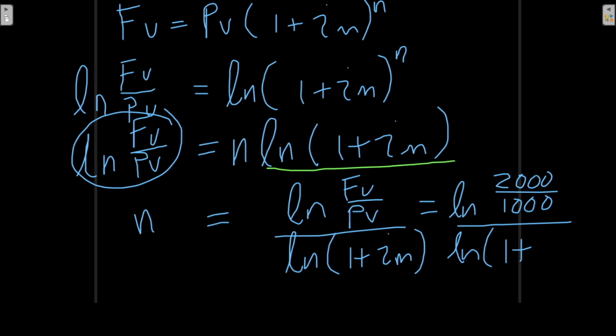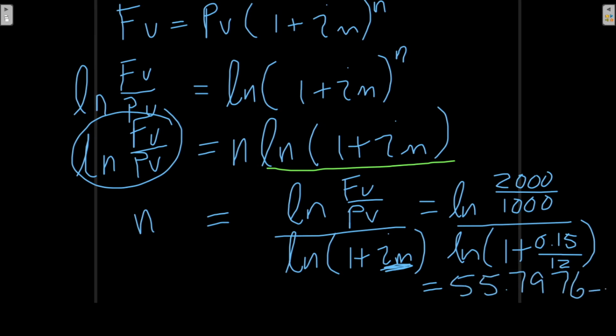So the effective monthly interest rate is 0.15 divided by 12. Be careful that you don't just put in 0.15, you have to get the effective monthly interest rate, i_m. And that will give me my N in terms of months, it's 55.7976 months.